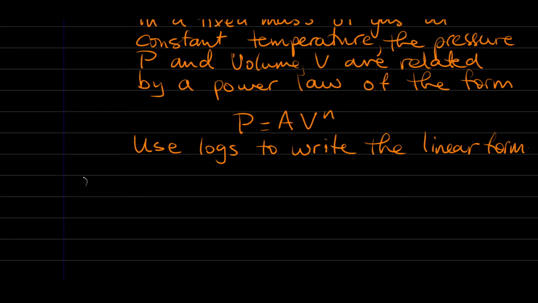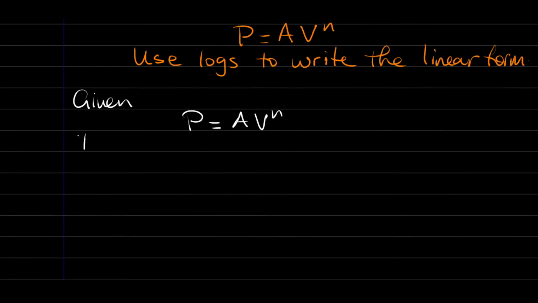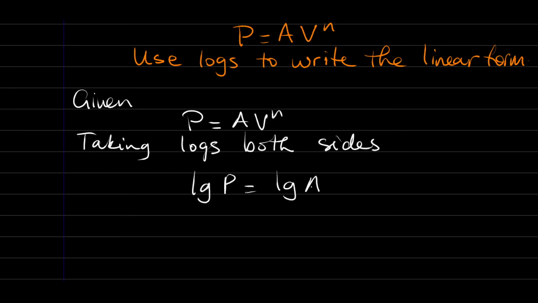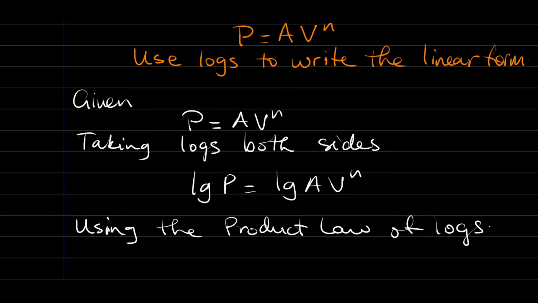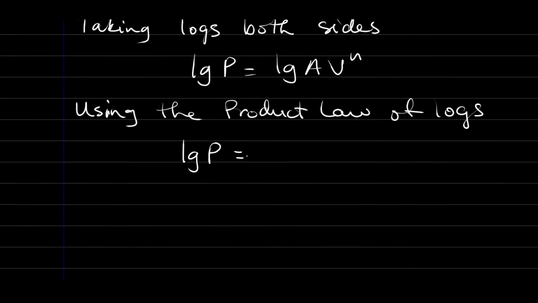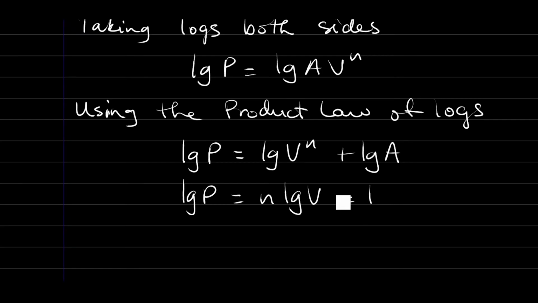So we can say something like, given P equal to A V^N, taking logs both sides, then log of P is equal to log of A V to the power of N, and using the product law of logs, we're going to get that log of P is equal to log of V to the power of N plus log of A. And we can just write that log P equals N log V plus log A, and that's that.